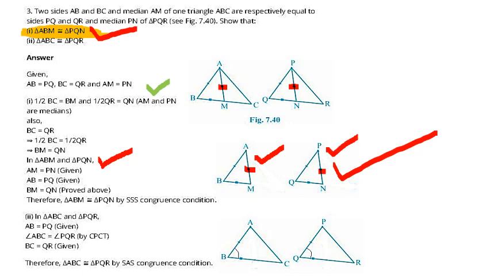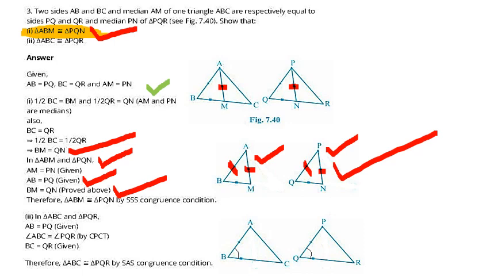Second is AB equals PQ. This was also given to us that this side AB and this side PQ are equal to each other. Third, BM equals QN. We just proved that BM and QN are equal to each other.